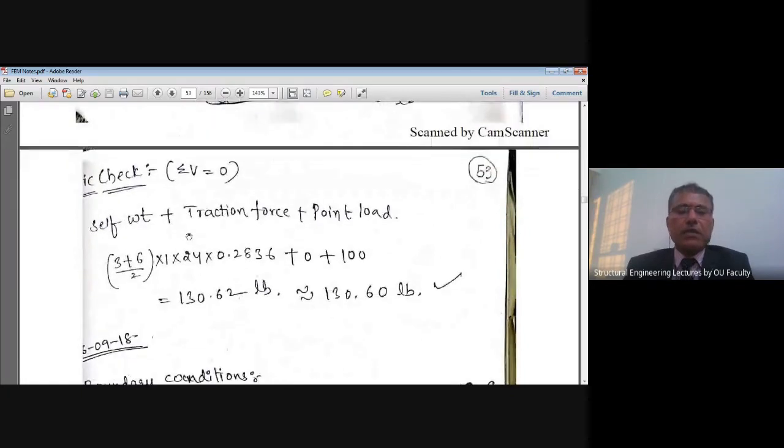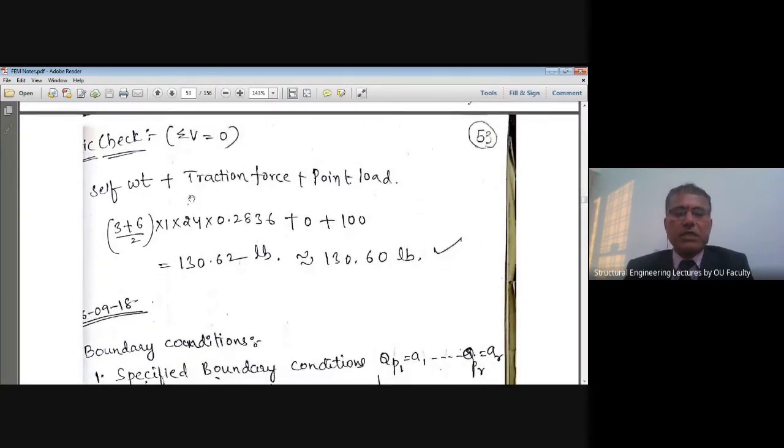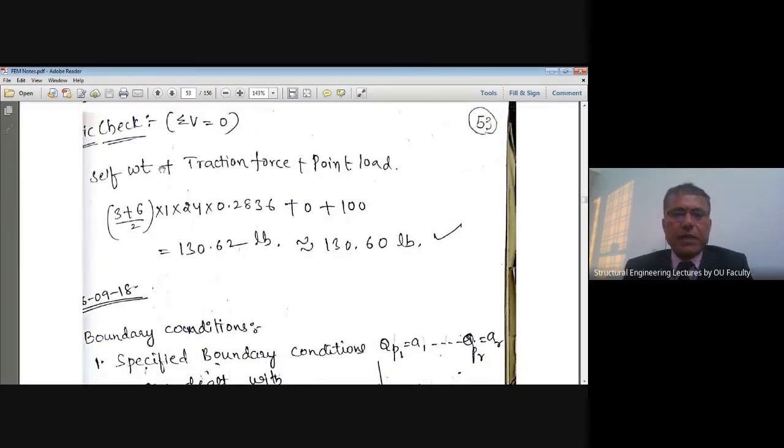Now, let me do the statics check. Sigma V must be equal to 0: self-weight plus loads due to traction forces plus concentrated loads for the entire structure. The first contribution is self-weight. The width varies from 3 inches to 6 inches from one end to the other.